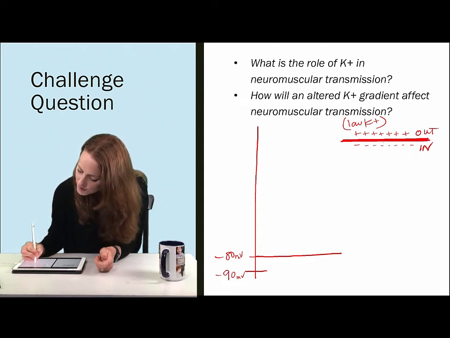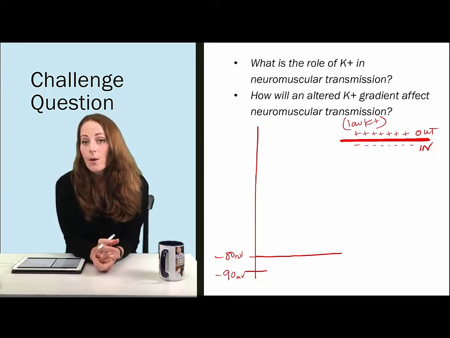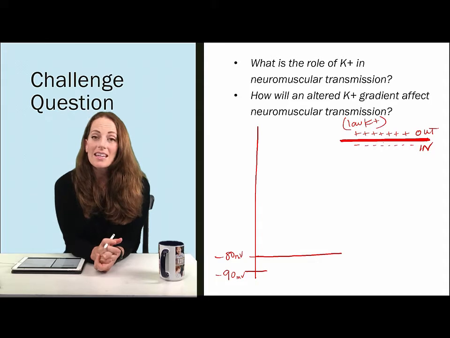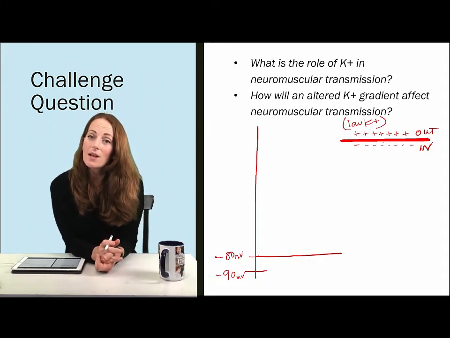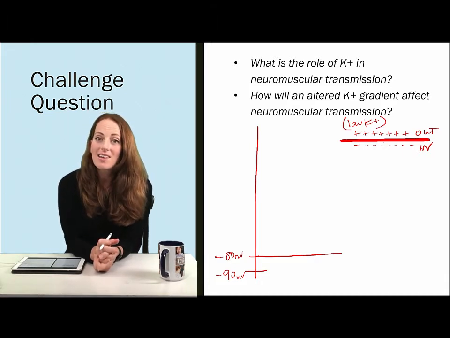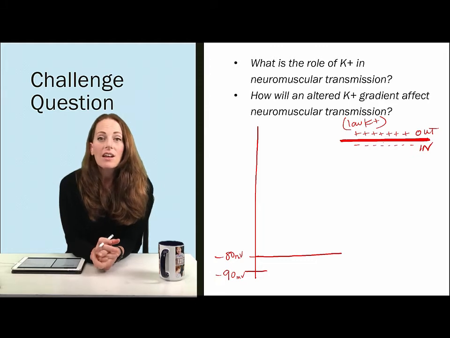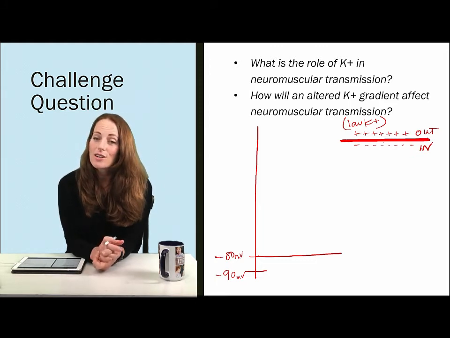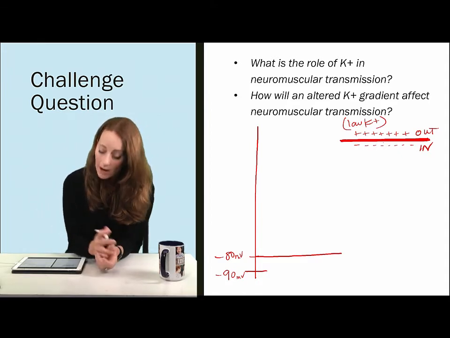Well, if you reduce the amount of potassium that's outside the cell, what you're doing is actually increasing the potassium gradient, meaning that the difference from the inside to the outside of the cell suddenly just got bigger. If you have a larger potassium electrochemical gradient, you're going to have a larger change in the negativity of the membrane.